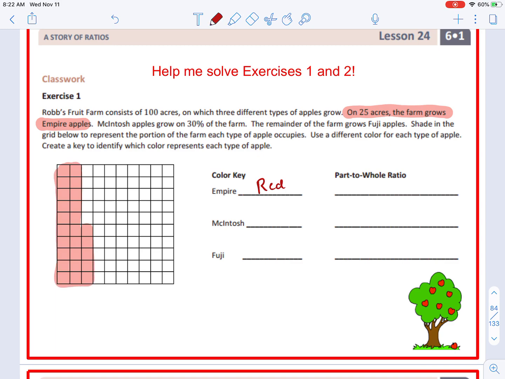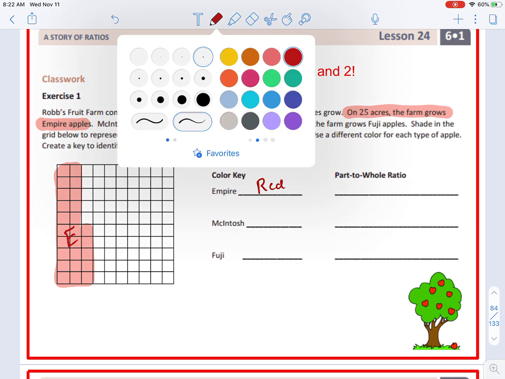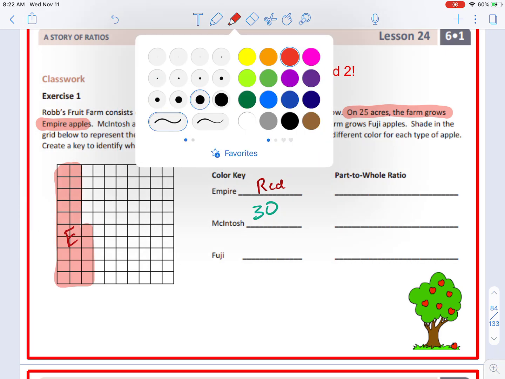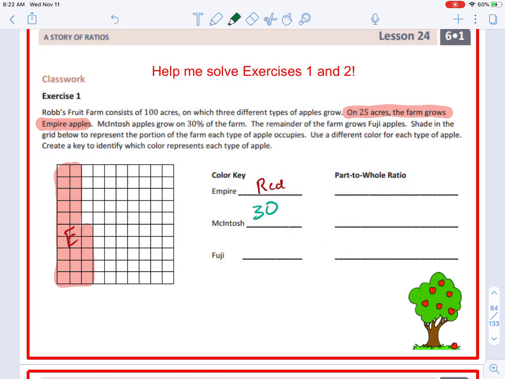And this is for Empire apples. Okay, the McIntosh grow on 30% of the farm, which means I need to shade 30 of those squares, and I am going to use green for McIntosh. Okay, there's 30 shaded there.